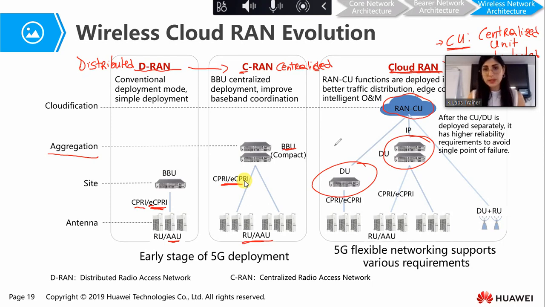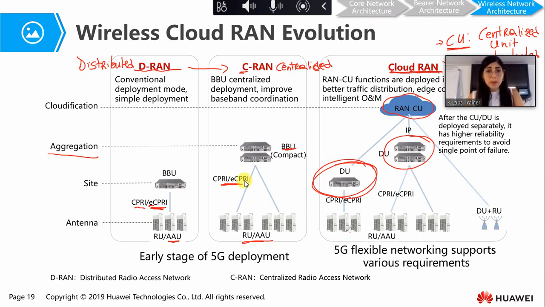While the distributed unit is in charge of the processing of real-time layers, so processing at the physical layer and MAC layer. So we still have the advantages of flexible resource management, but we can overcome the problem of the latency. Because if we have real-time applications, we can deploy the distributed unit at the site layer, reducing in this way the latency.